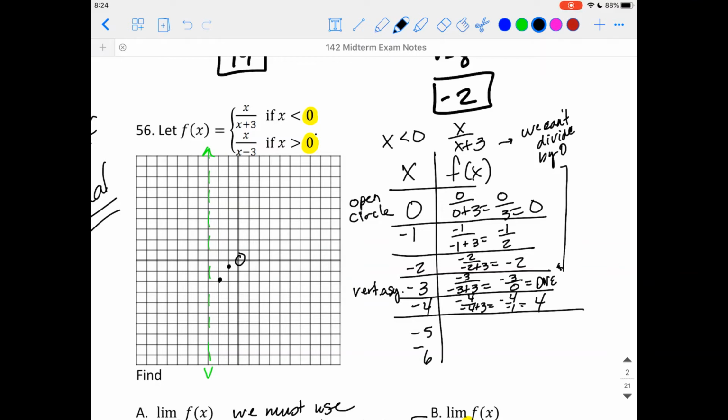At negative 5, negative 5 over negative 5 plus 3 is negative 5 over negative 2, which is 2.5. And at negative 6, we're going to get negative 6 over negative 6 plus 3, which is negative 6 over negative 3, which is positive 2.